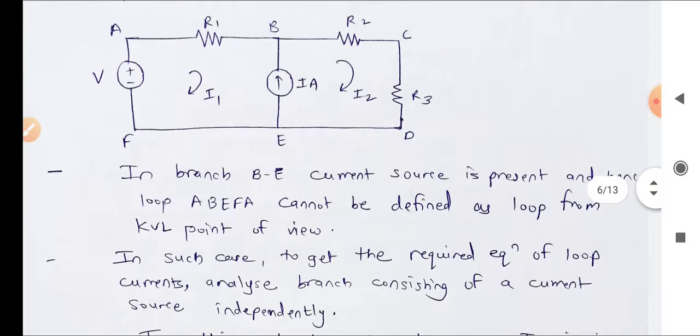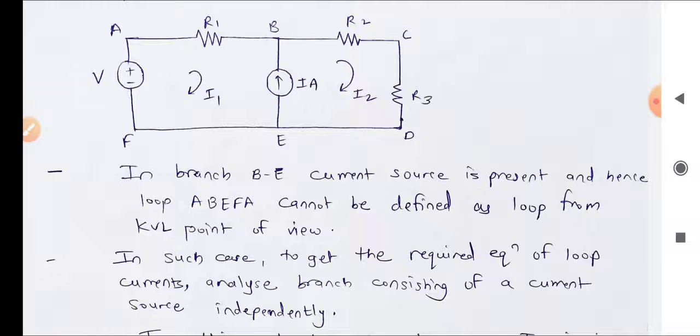Now why is it I2 minus I1? Because the flow of loop current 2 is in the same direction as that of current source I. So I2 is more than I1, so it is I2 minus I1. So I ampere is equal to I2 minus I1. This is our equation 1. Now exclude this branch.